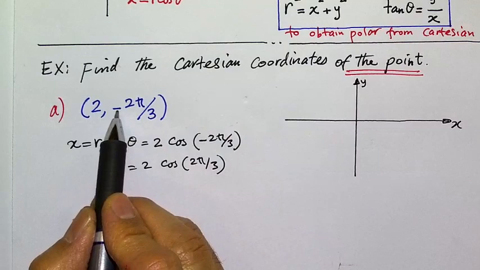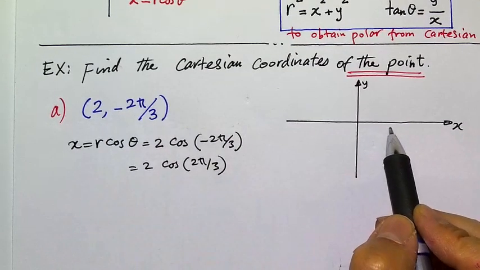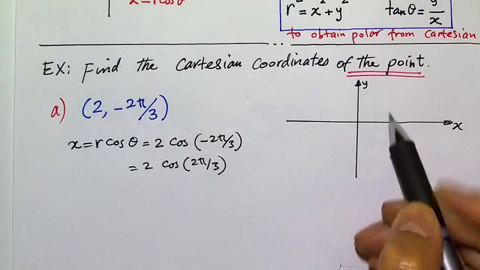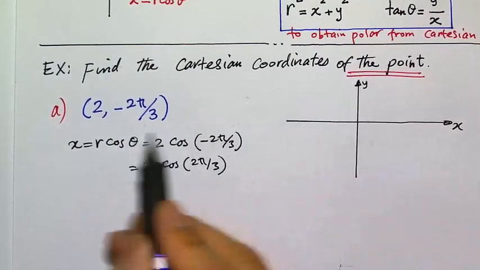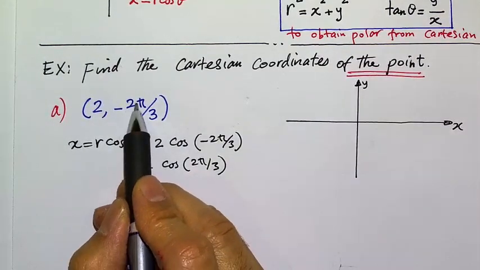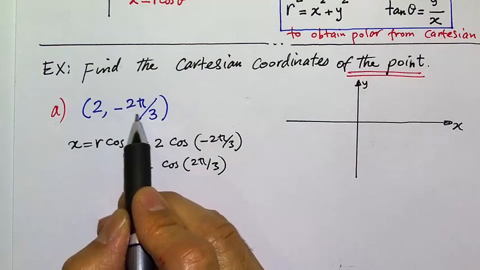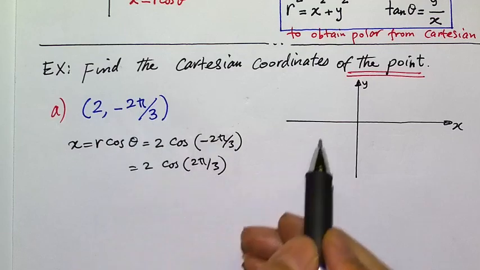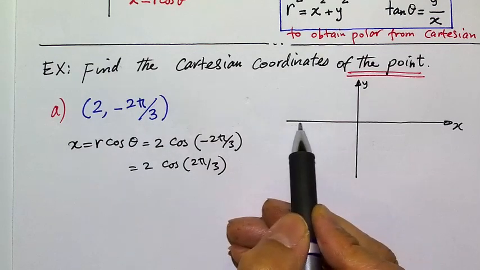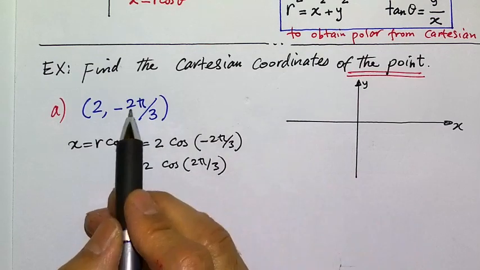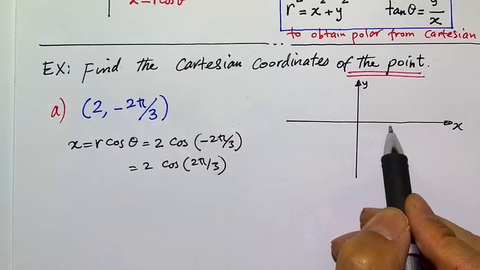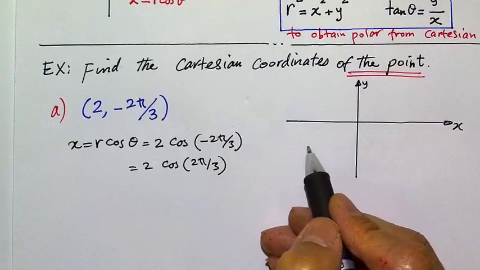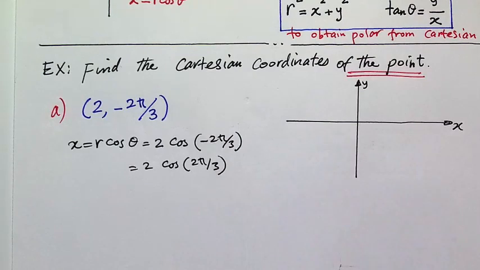Notice that this angle is negative, so we're moving in the clockwise direction from the polar axis. It's a little bit less than minus 3 pi over 3. This is important to notice because minus 3 pi over 3 would put us right on this axis in here. But it's less than that. Moving clockwise, less than that, we end up in the third quadrant. So this point is somewhere here.